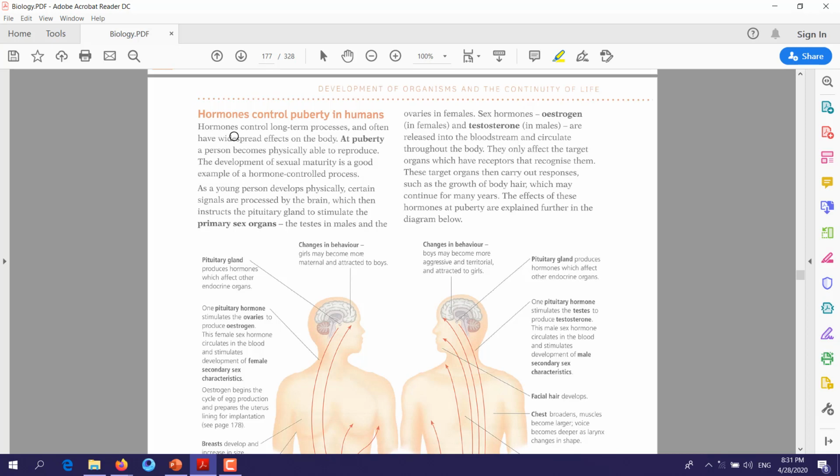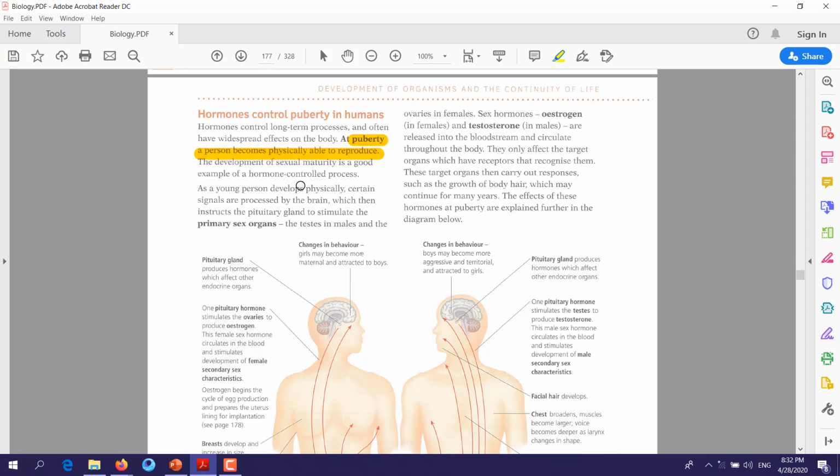Hormones control long-term processes and often have widespread effects on the body. So the development of sexual maturity is a good example of a hormone-controlled process.